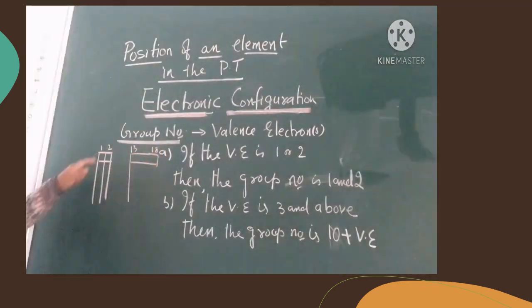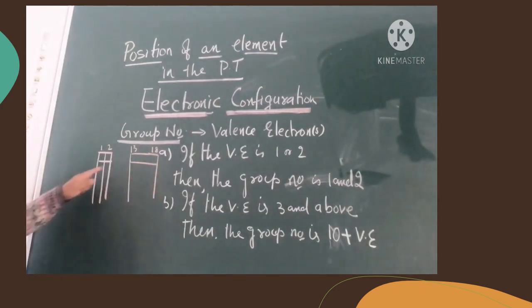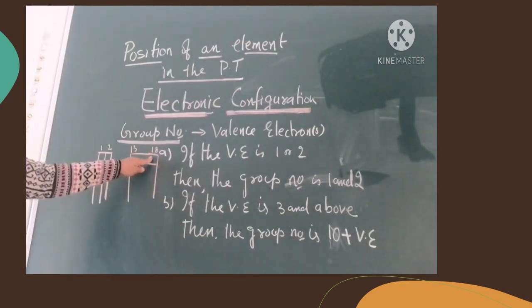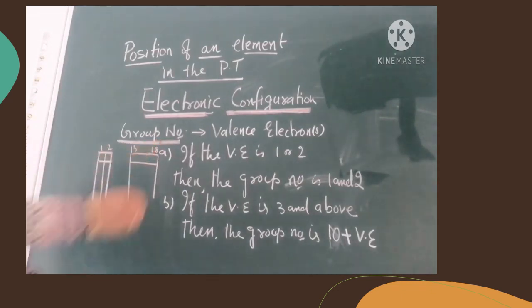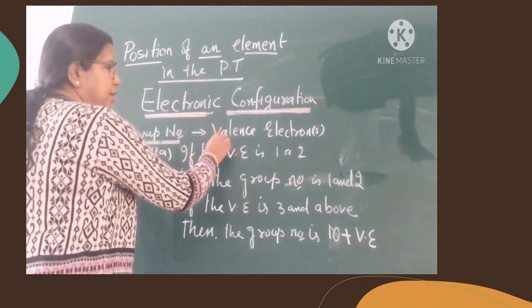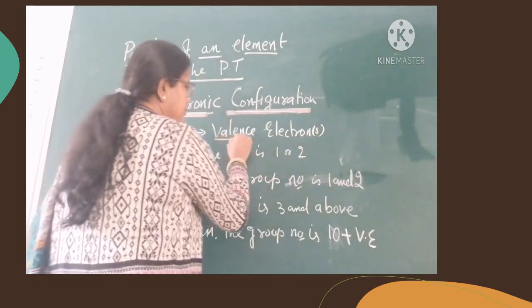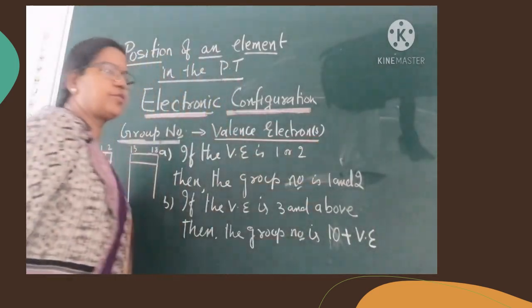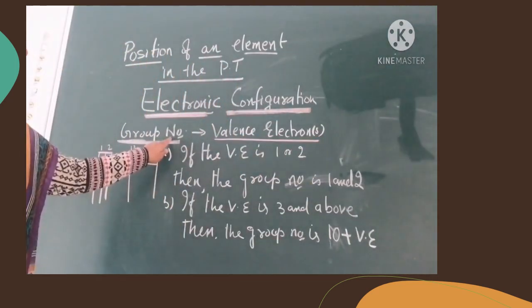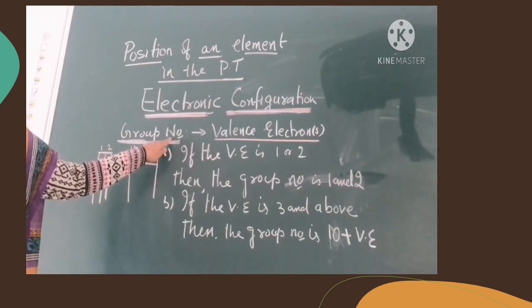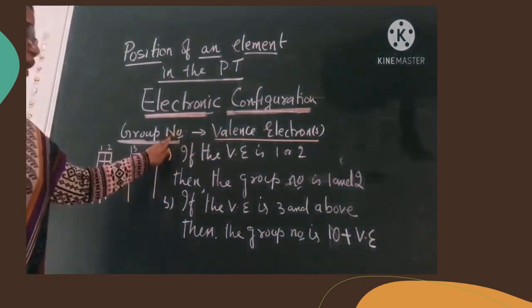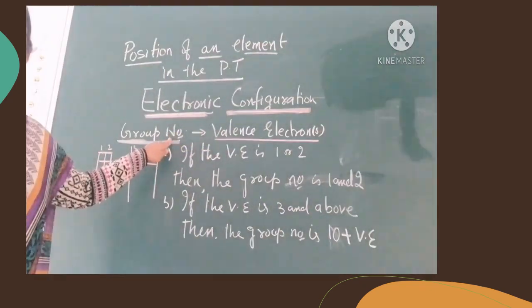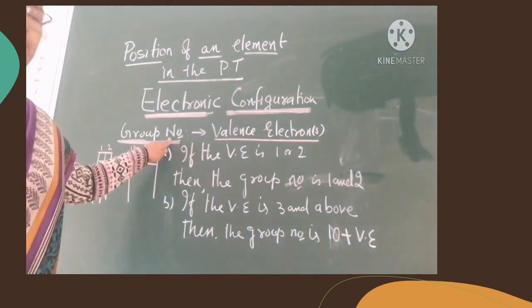Let us discuss first the position of an element in a group. Valence electron or electrons decide the position of an element in a group. That means if you know the valence electrons, we are able to identify the position of an element in the group.